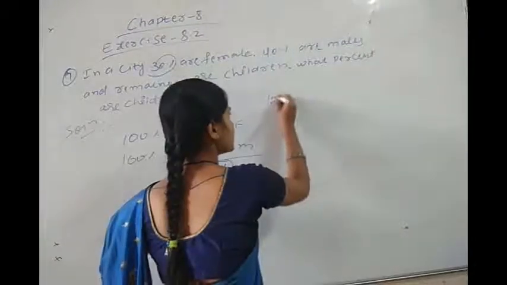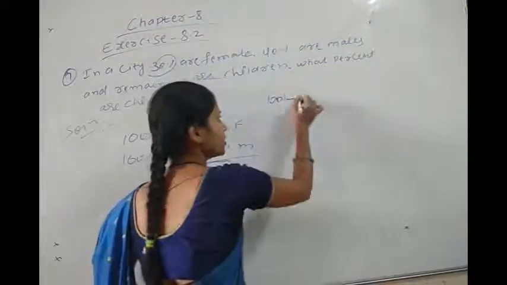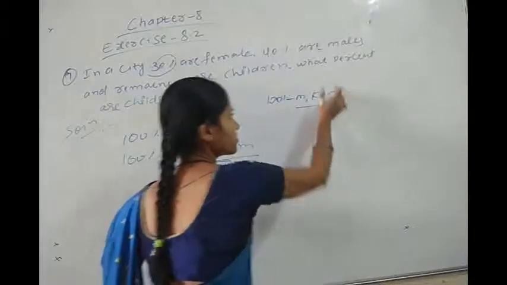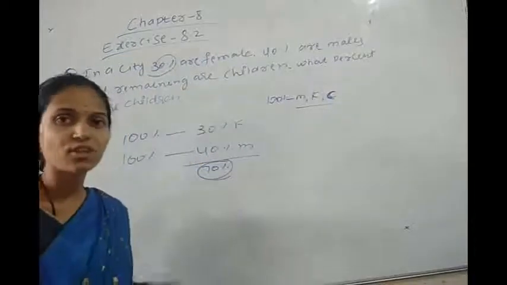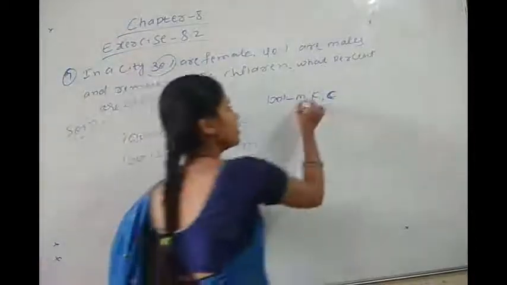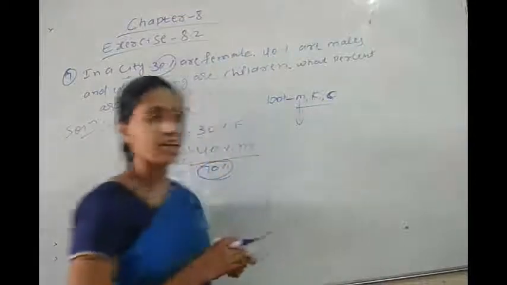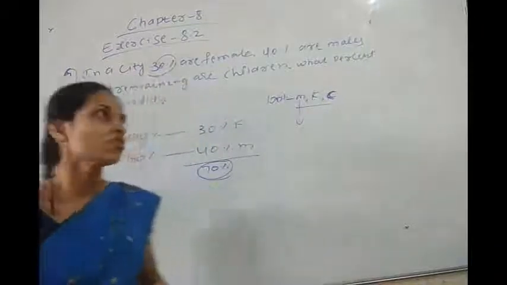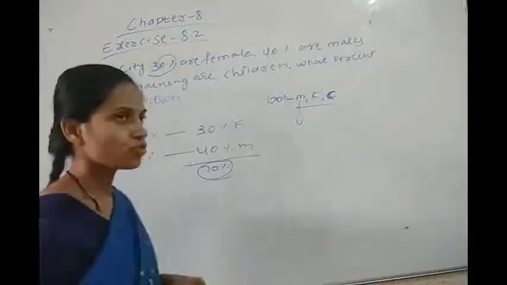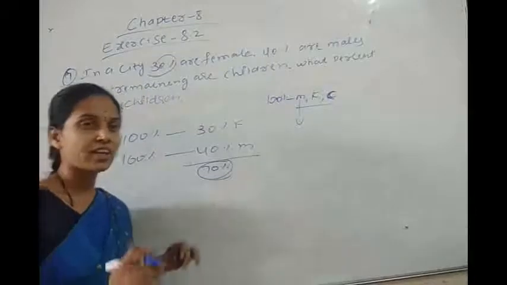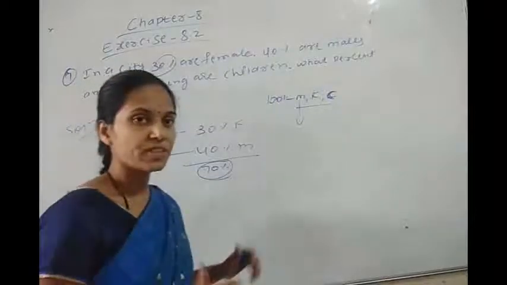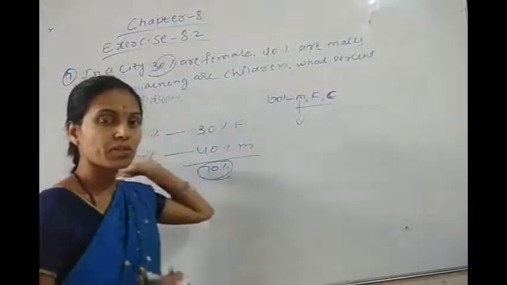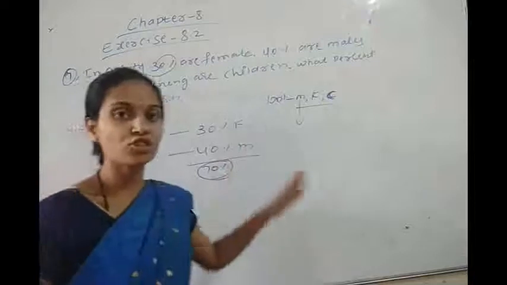Among the 100% people, only males, females and children will be there. Nobody else is there. So they have given the percent of males and females, and they are asking you to find the percent of children. If you add the percentages of males and females, and subtract the sum from the total, that is 100, you will get the percentage of children.